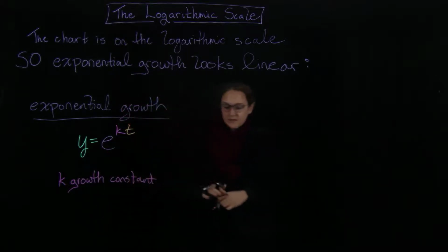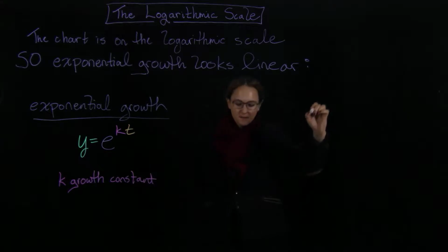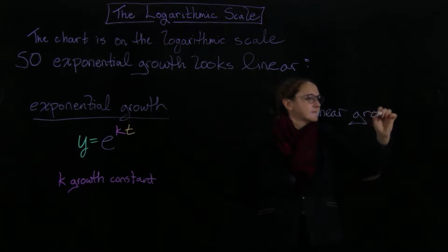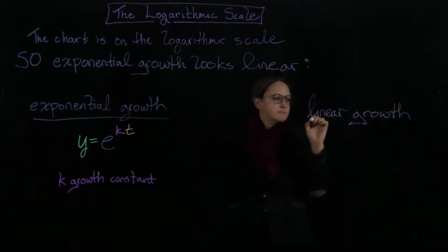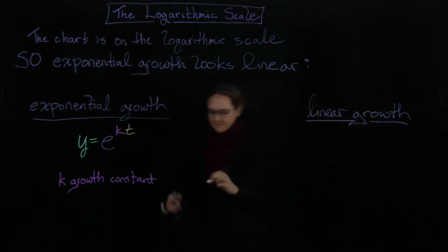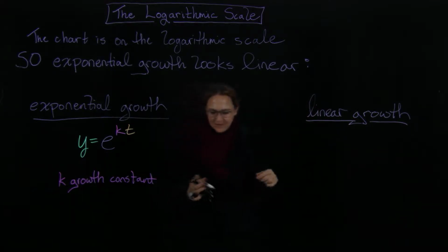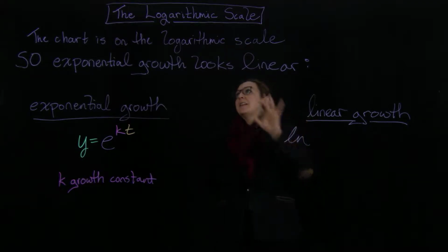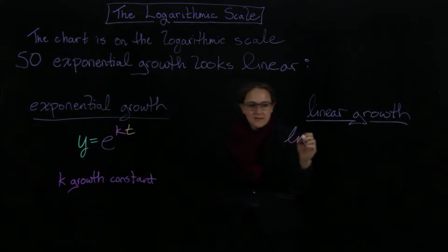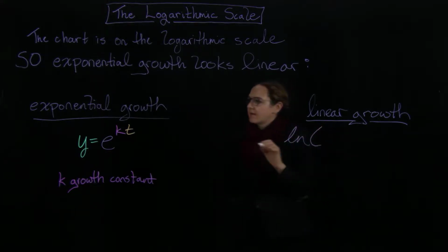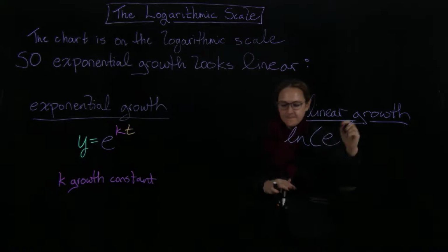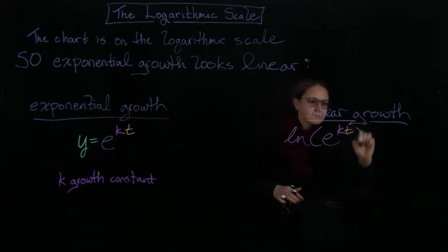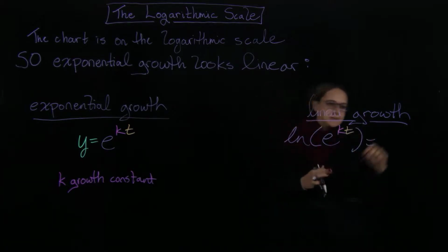In linear growth, this turns into, we would end up taking the natural log. So in this kind of log scale, what we'd end up having is the natural log of e to the kt, which is equal to kt.